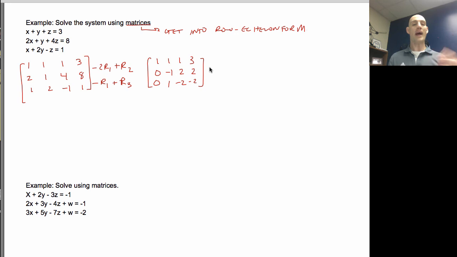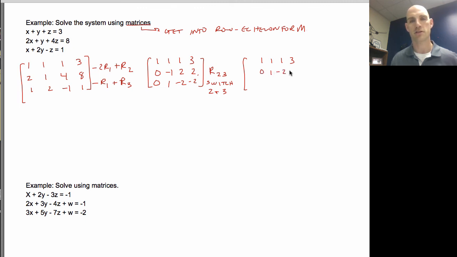What can I do? I'm actually going to just switch 2 of the rows because look, I've already got a 1 here. So instead of doing an extra step where I'm trying to do something with this row, I'm going to do row 2, 3. This means switch 2 and 3. And so my new matrix looks like this: 1, 1, 1, 3, 0, 1, negative 2, negative 2, and then 0, 1, 2, 2.